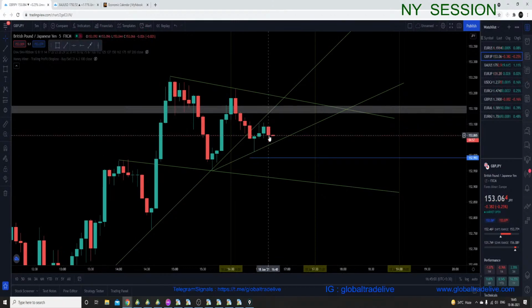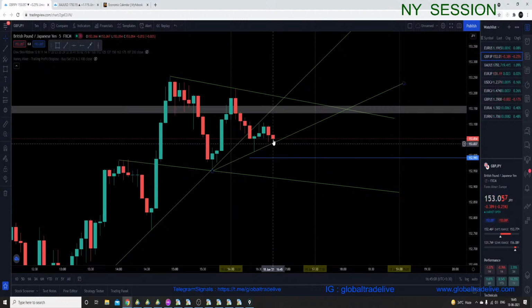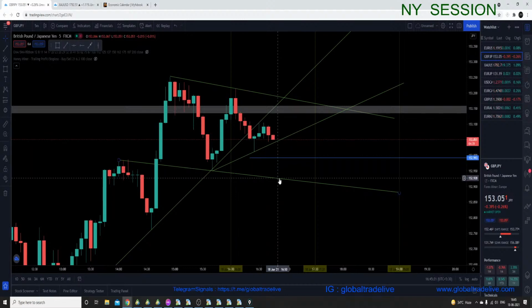Okay, so this candle just closed bearish. So this should be going down and break this trend line if GJ wants to go down, and finally will be tapping onto this level.